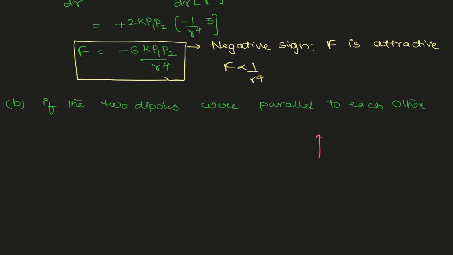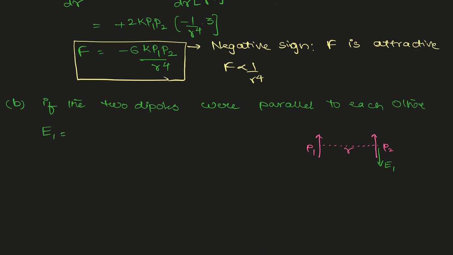If one dipole is like this and another dipole is also like this, this is dipole moment P1 and this is dipole moment P2, and the center to center distance, let that be R. Due to dipole P1, the electric field will be in this direction, let that be E1.